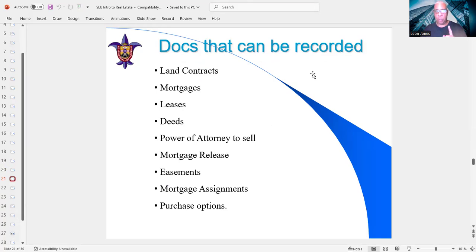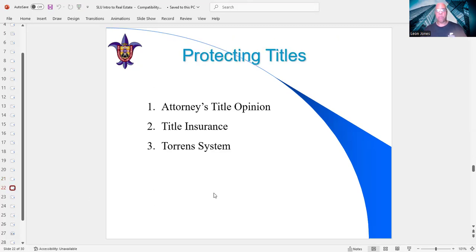Docs that can be recorded: land contracts, mortgages, leases, deeds, power of attorney to sell, mortgage release, easements, mortgage assignments, and purchase options. Protecting titles: 1, attorney's title opinion; 2, title insurance; 3, the Torrens system.